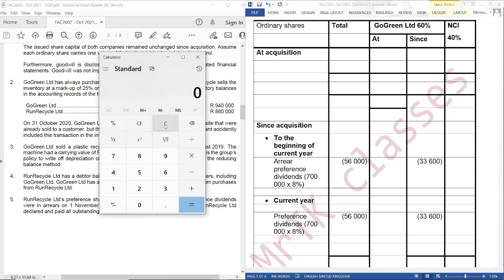Then 56,000 multiplied by 40%, 22,400, right? 22,400, which means even there 22,400, right? Okay.